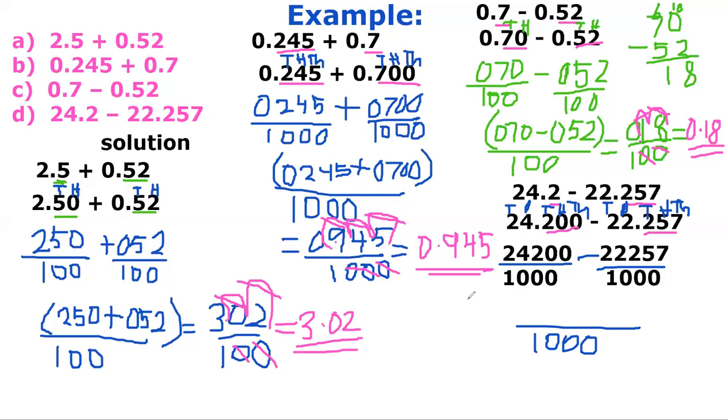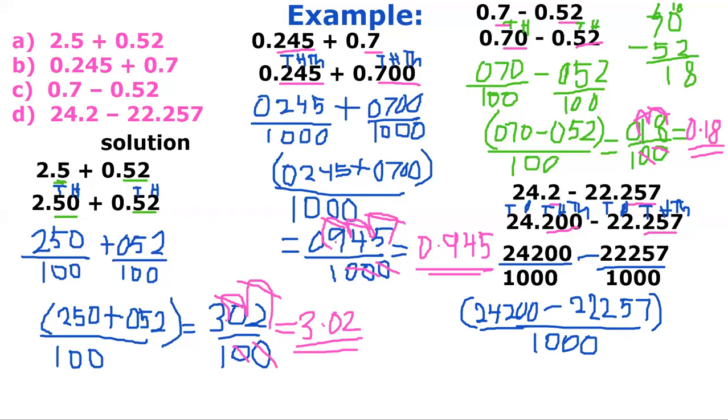Then you perform the action, which is 24,200 minus 22,257. Then you calculate, you find the difference. You show workings.